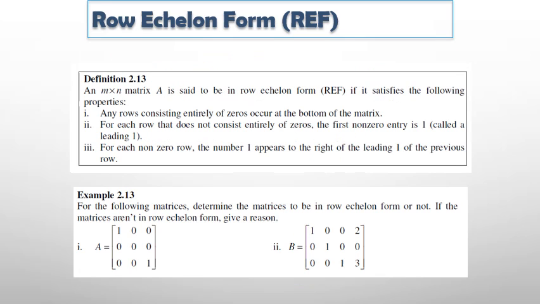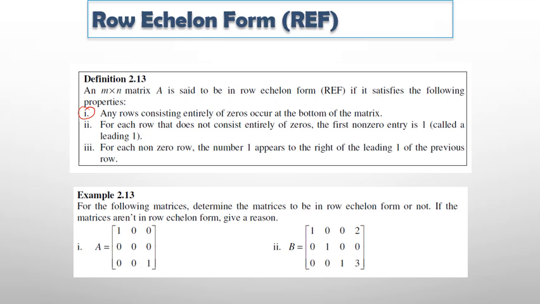Now row echelon form, or in short, REF. By definition, an M by N matrix A is said to be in row echelon form if it satisfies the following properties. The first property: any rows consisting entirely of zeros occur at the bottom of the matrix. So if there is a row that contains all zeros, it must occur at the bottom.